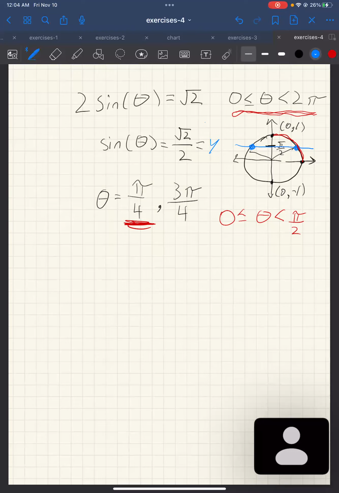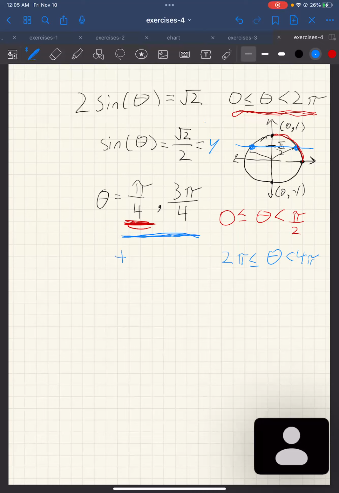Now, let's say, again, we have the same question, but I restricted my domain from 2 pi to 4 pi. Well, these are my answers from the first period. How do I take these numbers and move them forward into this next period?